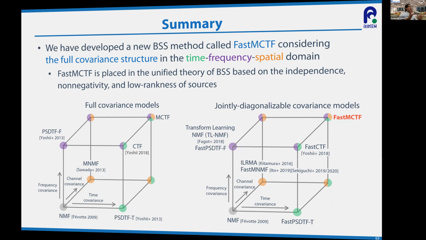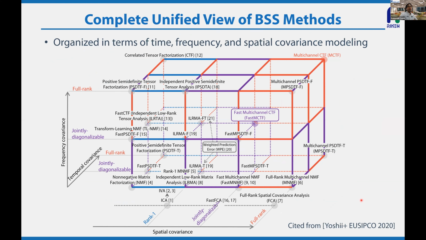Okay, so finally, let me introduce the unified view of existing BSS methods. This is a more complete organization of existing BSS methods. There are three axes: the temporal covariance, time-frequency covariance, and the spatial covariance.